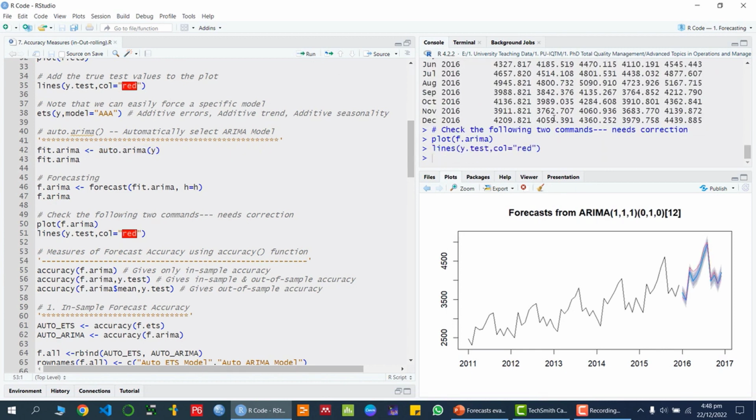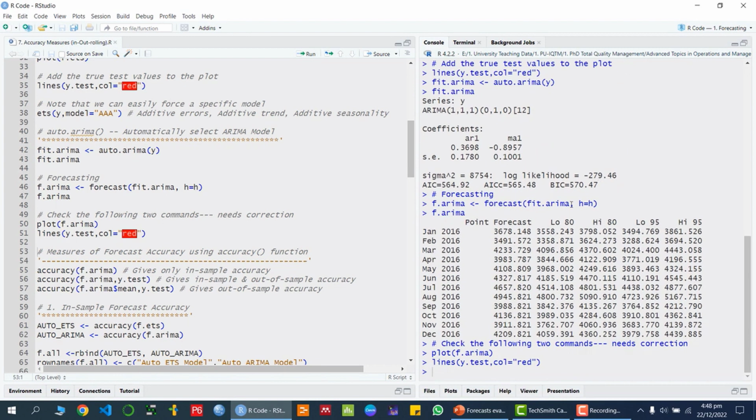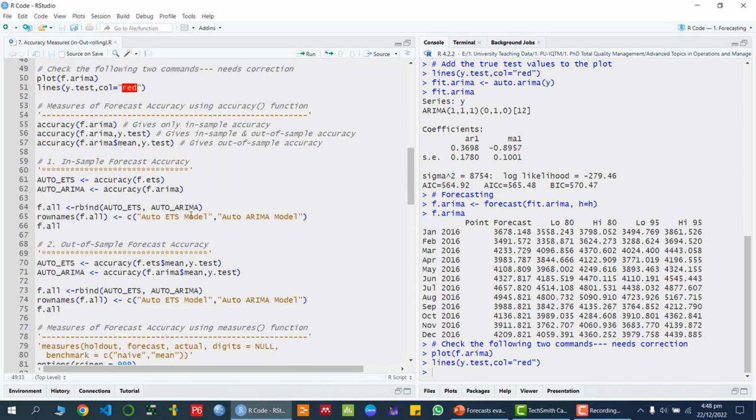Okay, so you can check from this what kind of model they have applied on this data set. Okay, and these are the different elements, these are the forecasted values. But over here, the important component we are interested in is the in-sample forecast accuracy, which we want to find out. Okay, how can we do that?